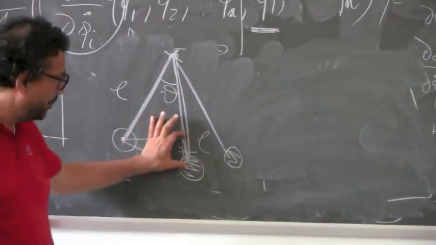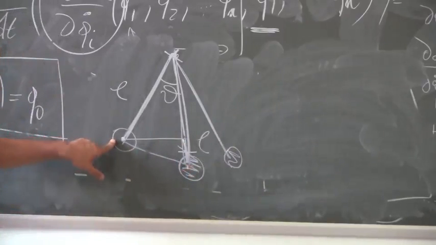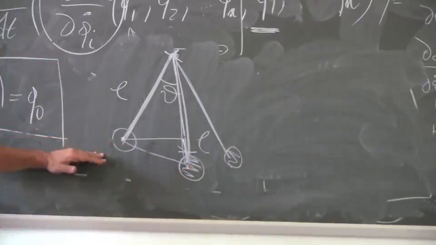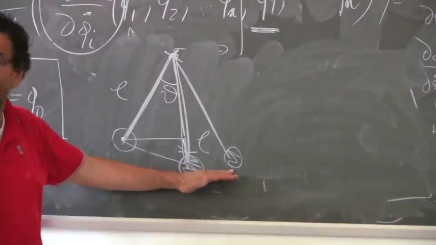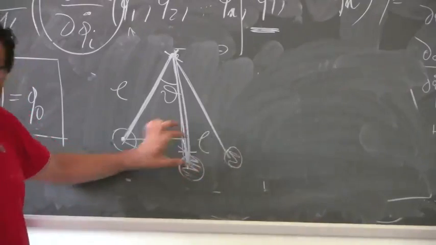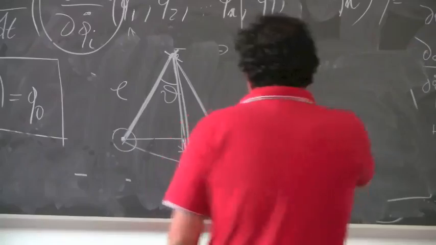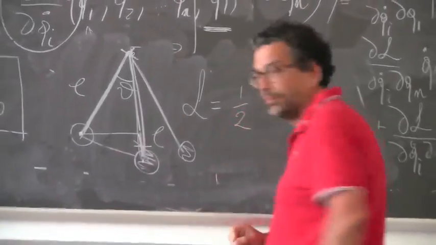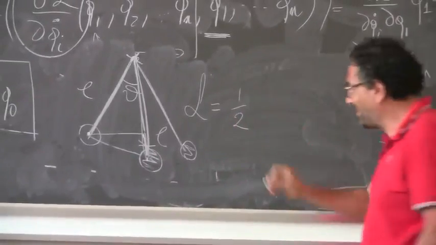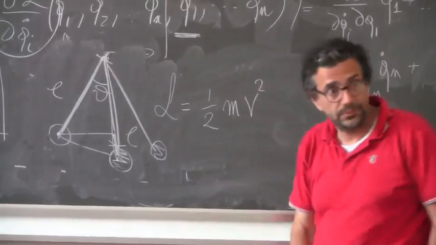Why is this angle very important? Because this is the variation of height with respect to this zero. So gravitational potential energy depends on this difference. The Lagrangian of the pendulum is equal to 1/2 mass velocity squared.